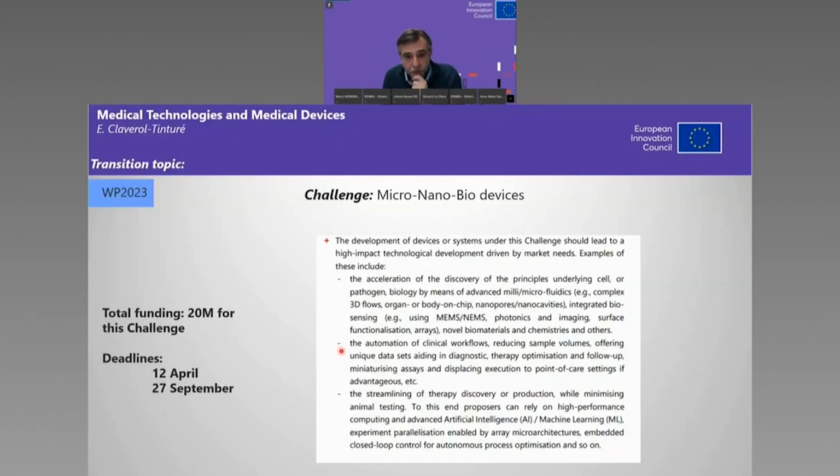Second paragraph here, automation. We've discussed this in the previous paragraph. Lab automation, clinical applications, stratification, therapy optimization, follow-up of therapy, miniaturization of assays, this type of clinical applications. Again, point of care or not point of care, clinic use, those are good, those are acceptable.